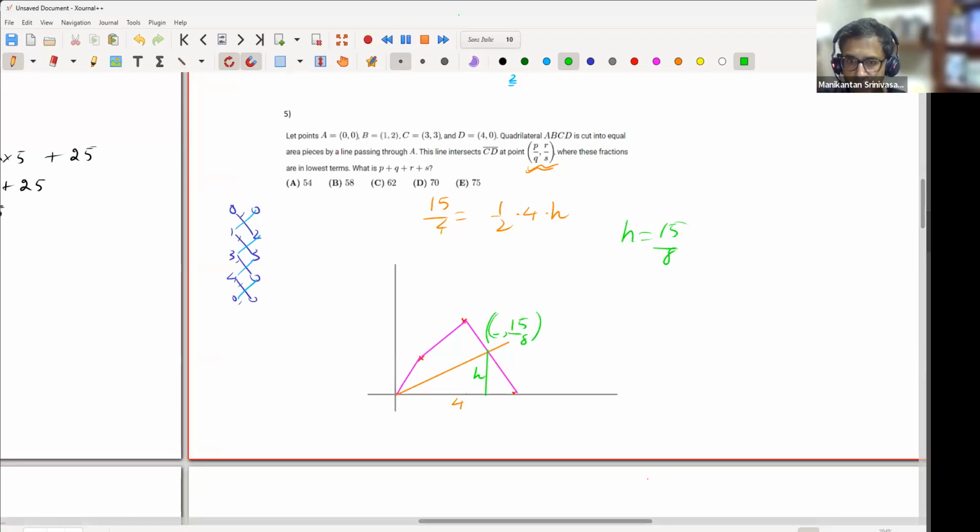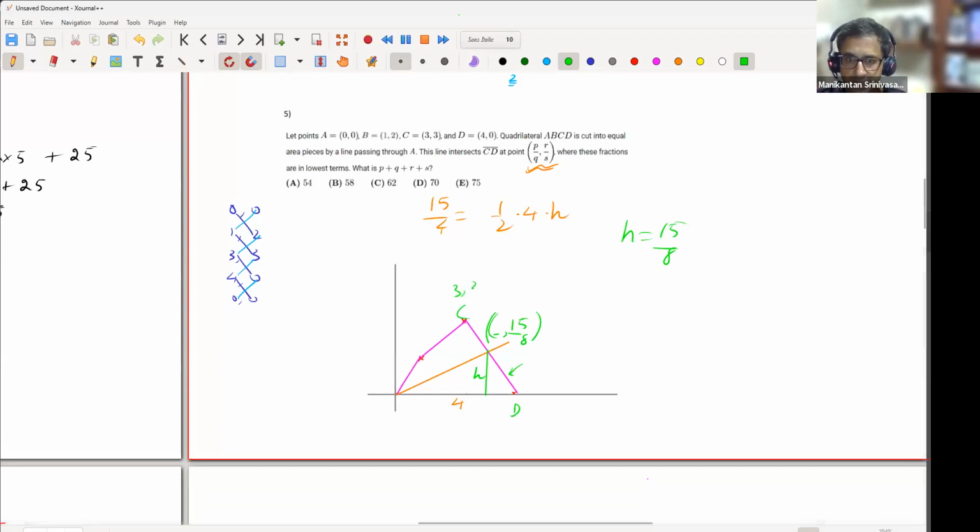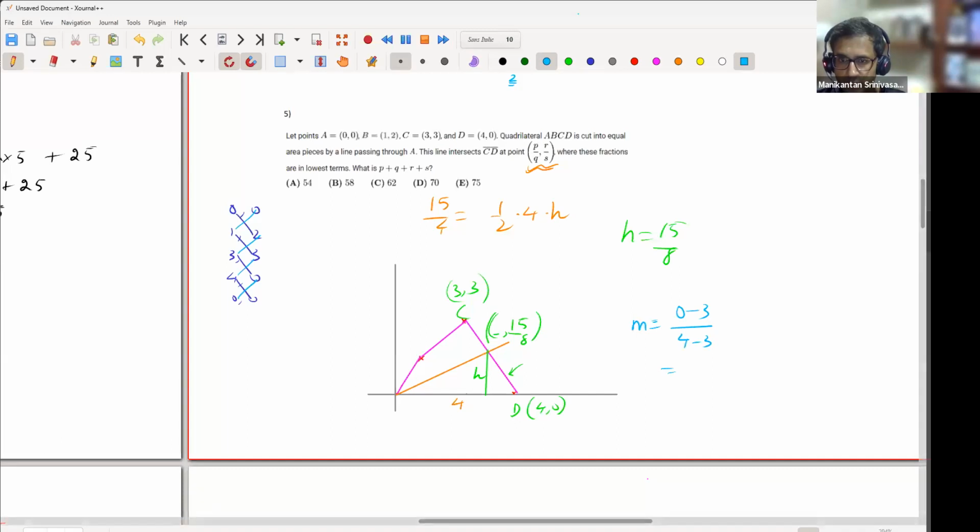How do I find the x coordinate? I can find the equation of this pink line, the one that joins C and D. C is 3, 3, D is 4, 0. Let's find the equation of the line. The slope is y2 minus y1, 0 minus 3, upon x2 minus x1, which is minus 3 by 1, which is minus 3.